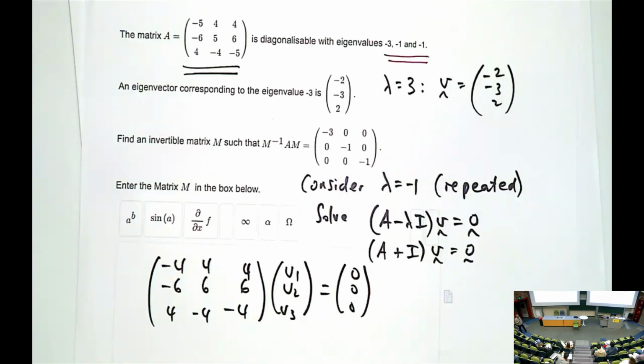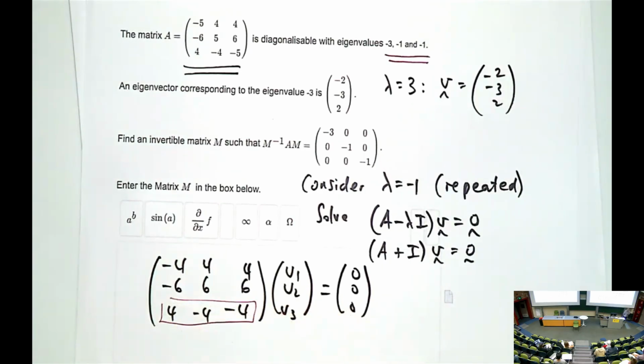What else can we say? What is the relationship between row 1 and row 3? Yeah, it's the negative of row 1. And the same with row 2 and row 1, and row 2 and row 3.